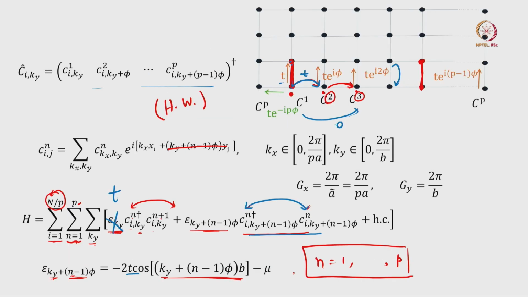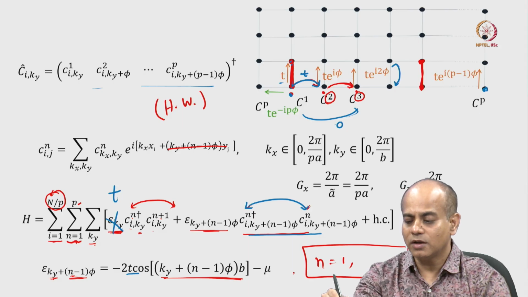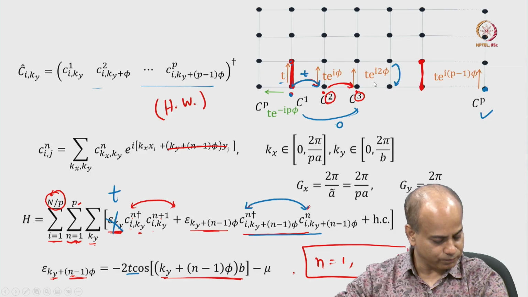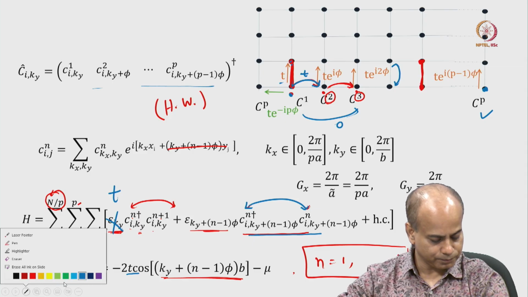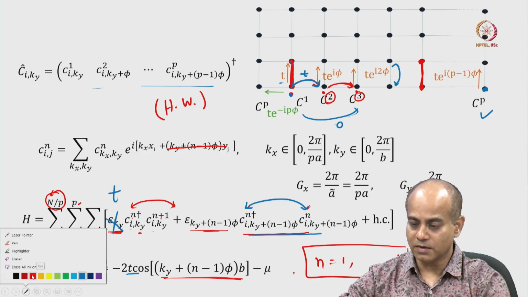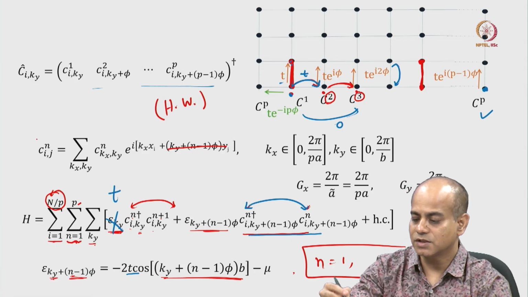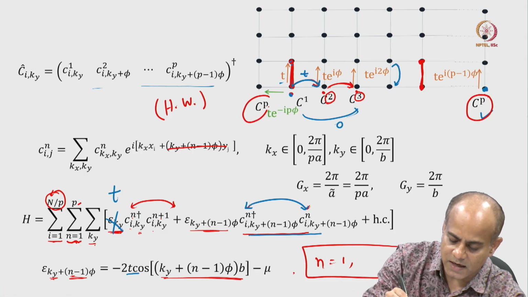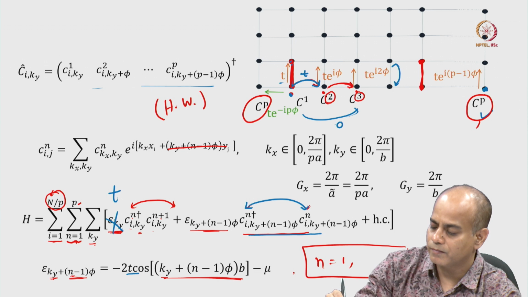But now there is one interesting thing, from here to here there is no hopping, but recall that this point, let me use a different color. I will still use this. So, this and this are same, right.